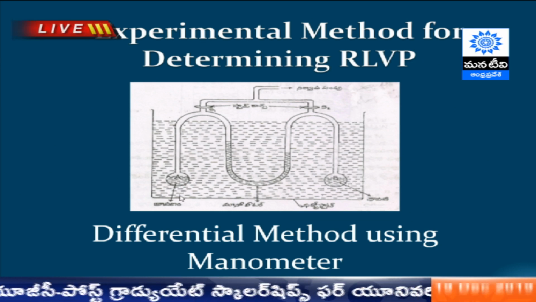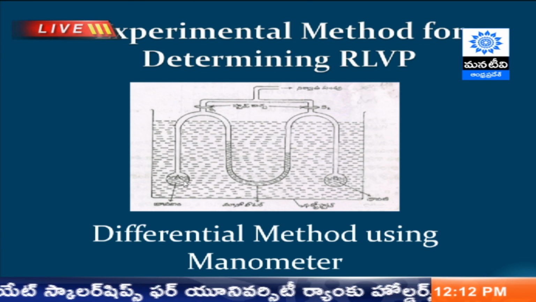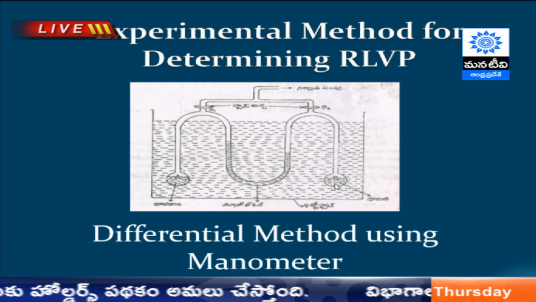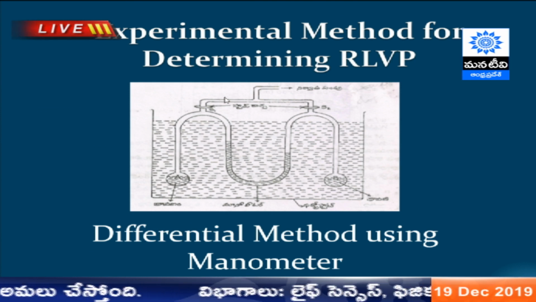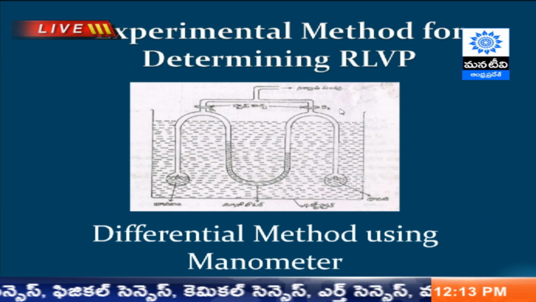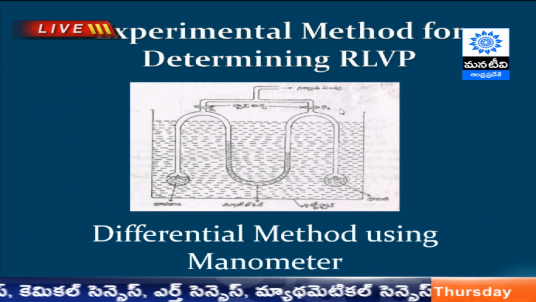Glass bulb A has a solution in it, and glass bulb B has a solvent in it, and the whole thing is managed in a thermostat because temperature variation should not be there.